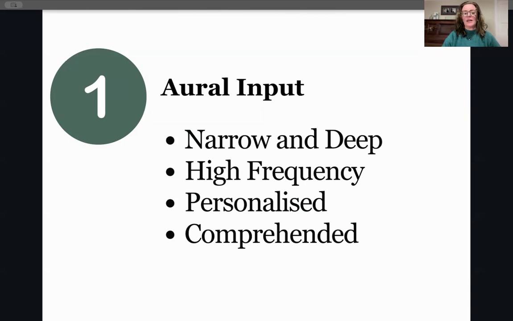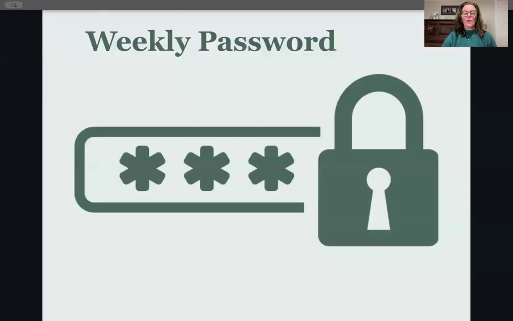As I said, the choice of language really does impact on the flow of the lesson and the ability of the students to engage with the discussion. So keeping it narrow and deep, keeping it high frequency, and absolutely personalised and comprehended is key. One way that we have been trying to tap into that is with the weekly password.